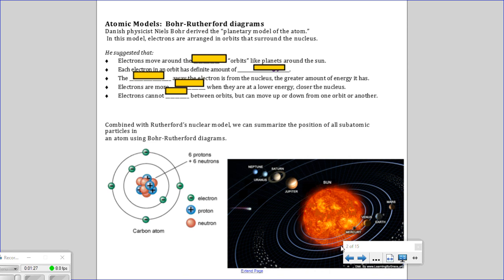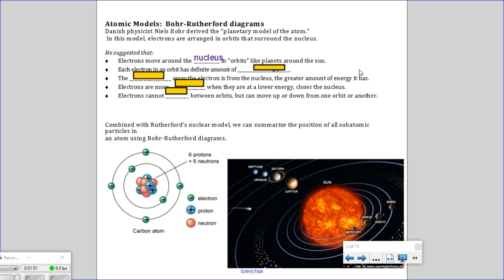The sun is at the center of that solar system, so the nucleus is at the center, and orbiting around the nucleus are those electrons, like the planets orbiting around a sun. In this model, he suggested that electrons move around the nucleus in orbits like planets moving around the sun.